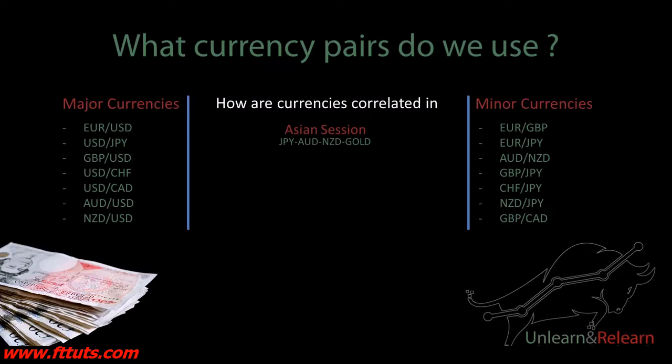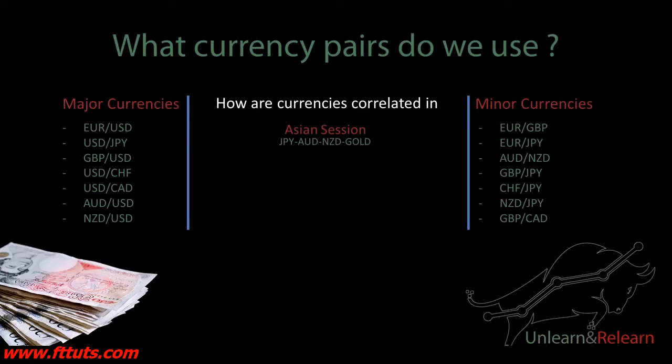Let's think about it logically. Is the pound open in Asian? The answer is no. Is the USD open in Asian? The answer is still no. So it makes no sense to look at GBP USD or GBP CAD to trade in the Asian session, because you need to look at the pairs that are actually open in that session.